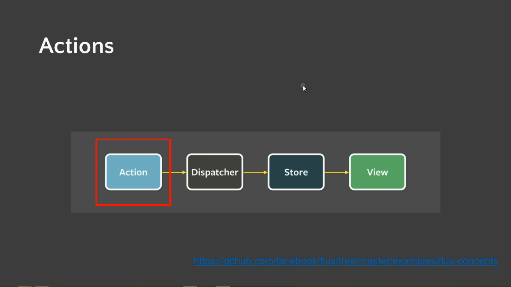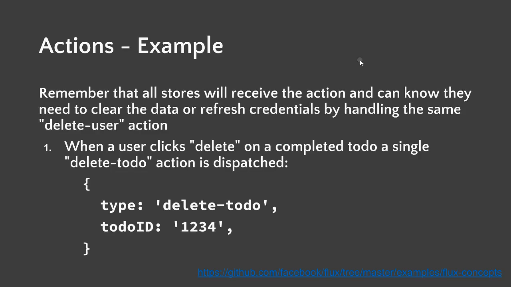The action creation may be wrapped into a semantic helper method which sends the action to the dispatcher. But we will see this in detail in the next slide. An example of the action. Remember that all stores will receive the action and can know they need to clear the data or refresh credential by handling the same delete user action. And this is the example.